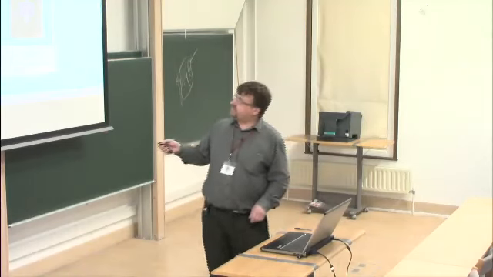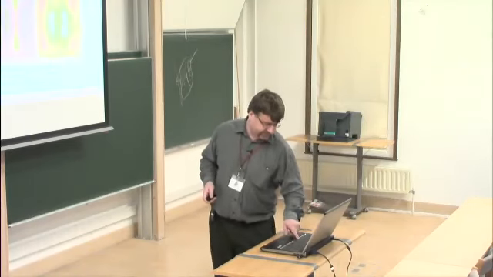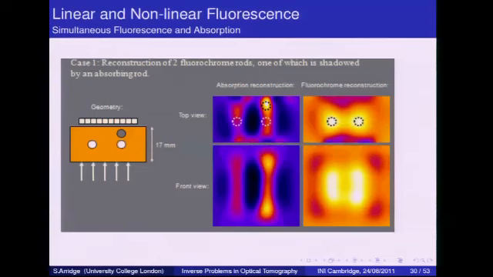And we put in absorption and scattering rods. Let's see, this is an absorber. These are two fluorophores. We try to reconstruct both the absorption and the fluorescence. So looking from the top, these are the fluorophores and this is the absorber. This absorber here is subtracting some photons that are detected on this side.